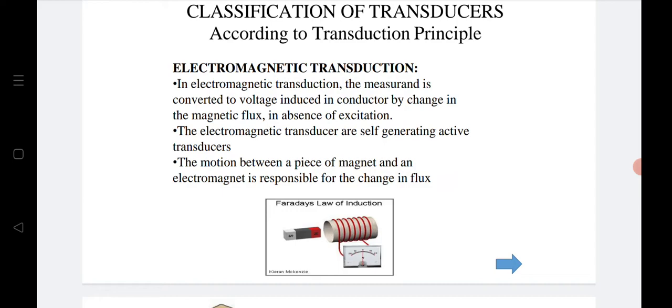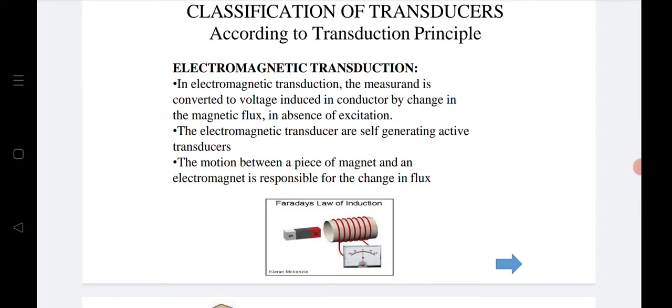The voltage induced in the conductor by the change in magnetic flux is the principle known as electromagnetic transduction.